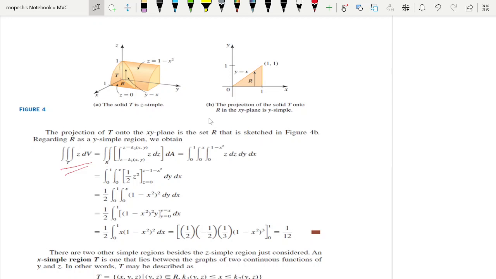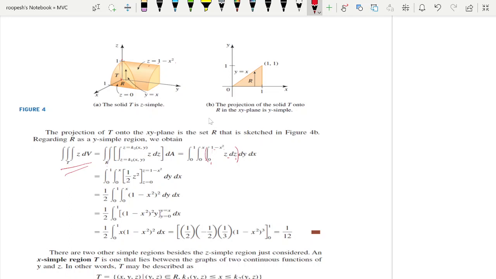Along this line, z is ranging from 0 to this curve. This curve means z equals 1 minus x squared. So I can write this as the integral where z varies from 0 to 1 minus x squared of z dz. Only this much I have taken.